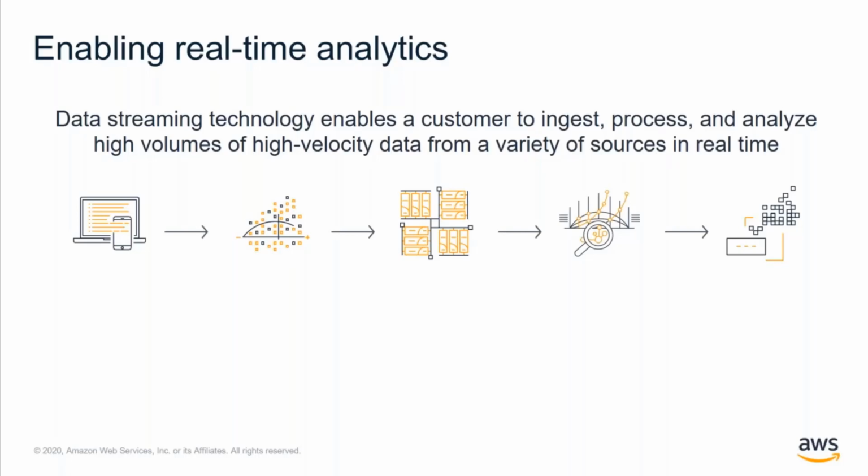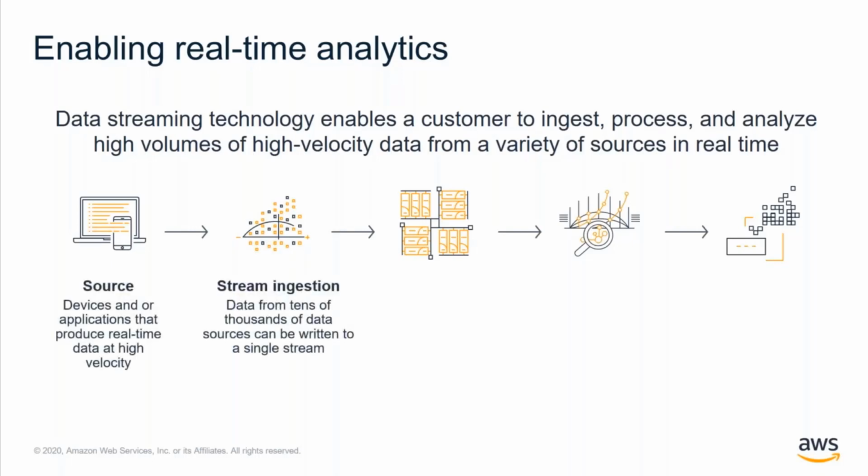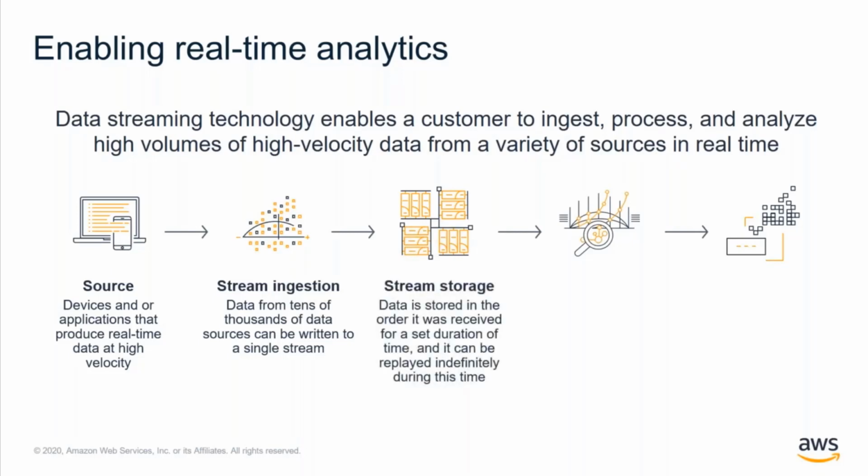For that, when you look at the streaming platform, you're looking at 5 distinct layers. The first is the sources, for example devices and applications that are producing a lot of data, and then you're collecting the data across these a variety of different sources, and then you're storing the data.